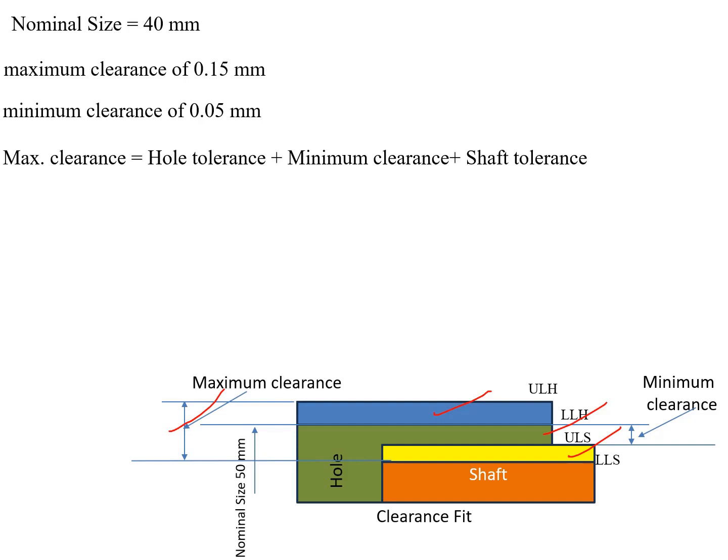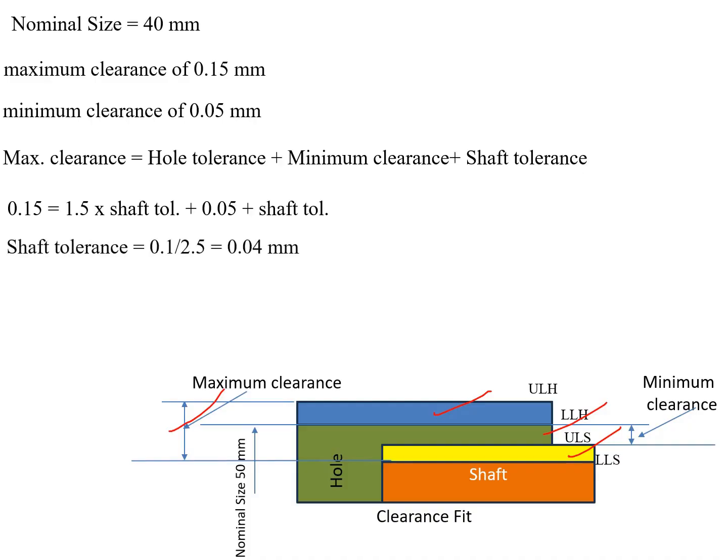Then we insert the data in the maximum clearance relation: 0.15 mm equals 1.5 times the shaft tolerance plus the minimum clearance, 0.05, plus shaft tolerance. From this equation we can determine the shaft tolerance, that is, 0.1 divided by 2.5, which gives 0.04 mm.